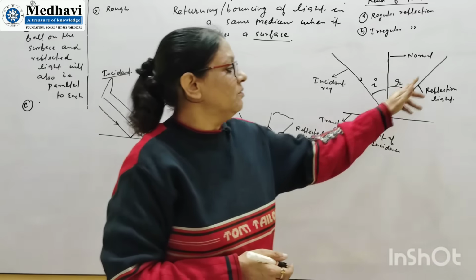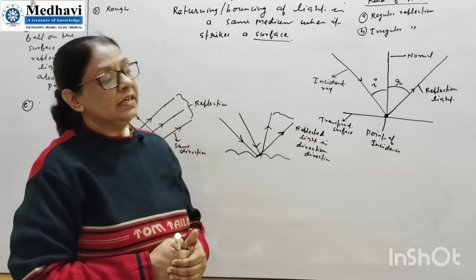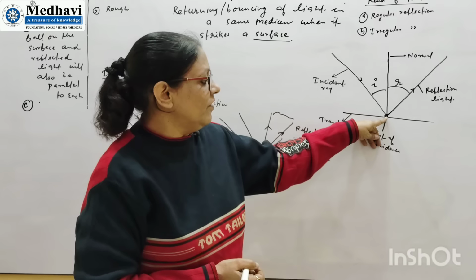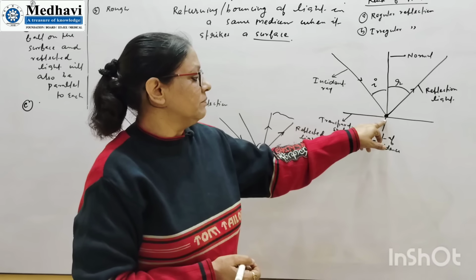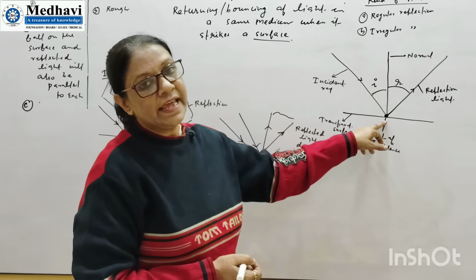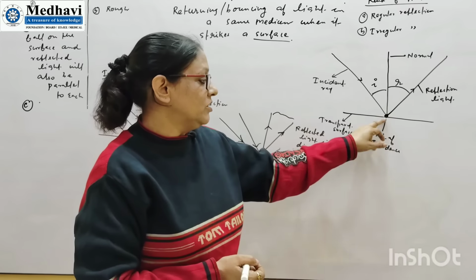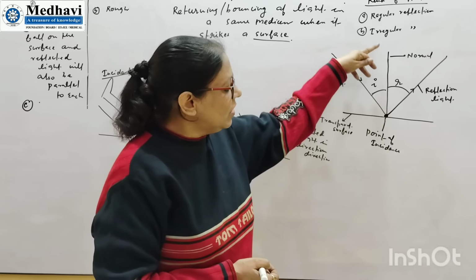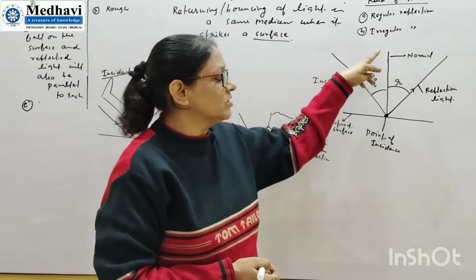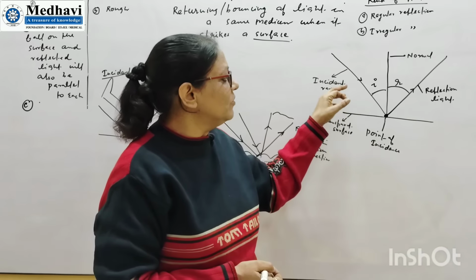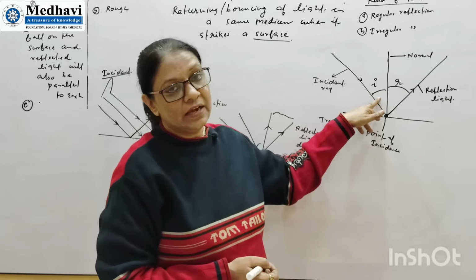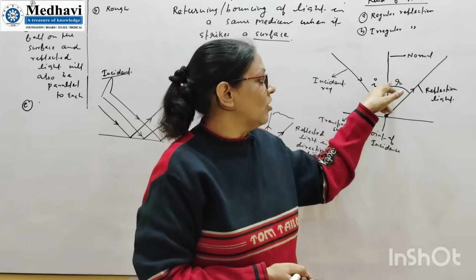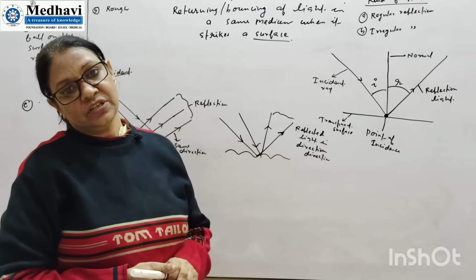The light which returns back in the same medium is called the reflected ray. The point of the surface where light strikes is called the point of incidence, and this is the point of reflection. The perpendicular drawn on the surface is called the normal. The angle between the incident ray and the normal is called the angle of incidence, and the angle between the reflected ray and the normal is called the angle of reflection.